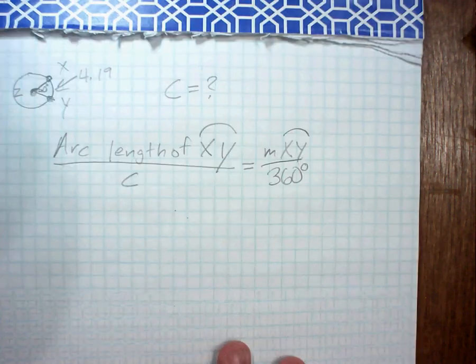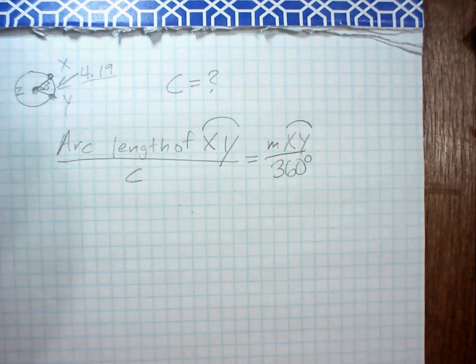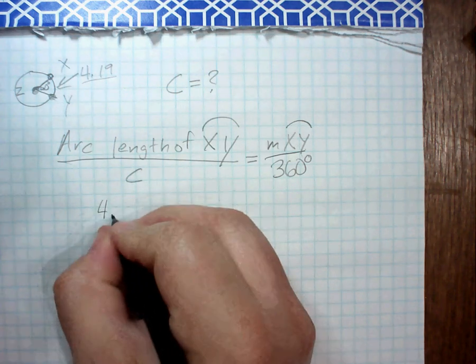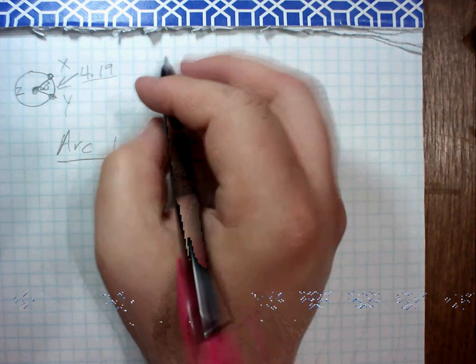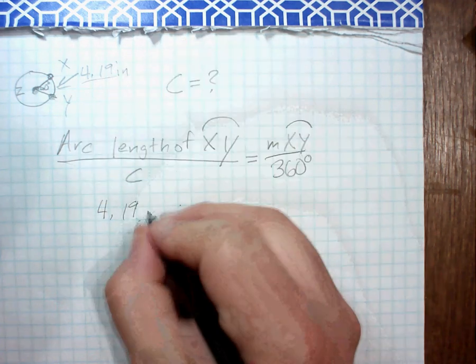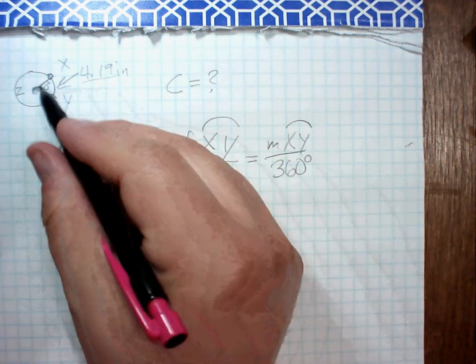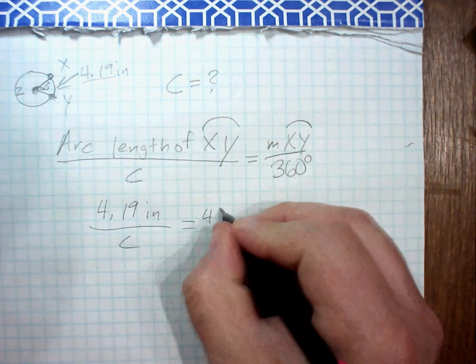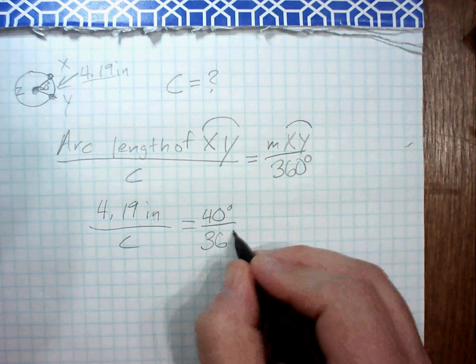So I happen to know that the arc length is 4.19, so I'm going to say 4.19 centimeters. Oh, actually, that's in inches. Over the circumference is equal to the measure of this angle, which is 40 degrees, over 360.